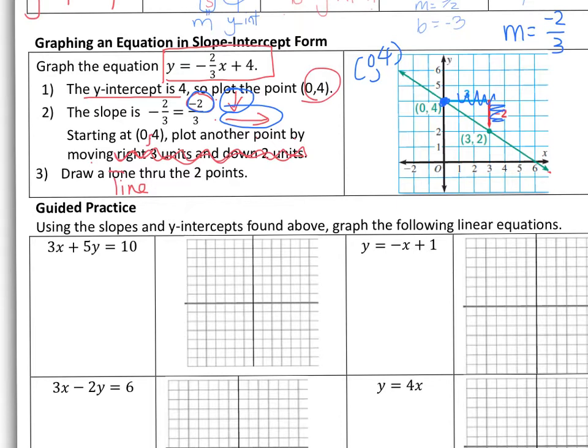Okay, and then because negative 2 represents change in y, I got to move along the y-axis, move down because it's negative. If it's positive, you go up. Okay, and then 3, it's positive 3, so you go right. If it's negative, you go left. Okay, and I'll stop here. Again, you draw the line. Okay, and we'll do some practice right now.